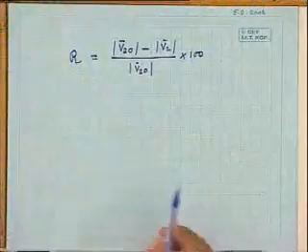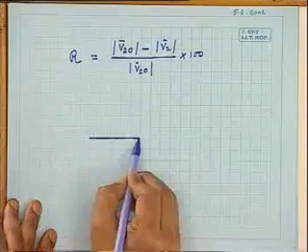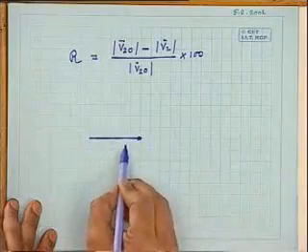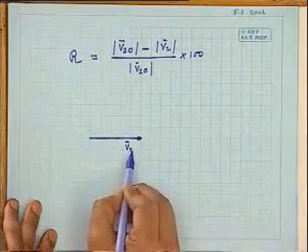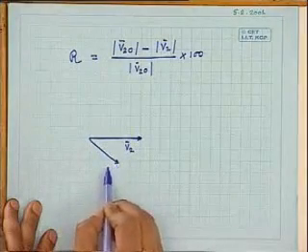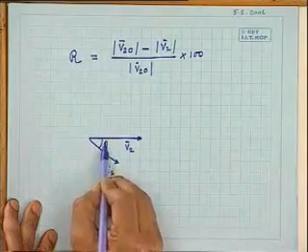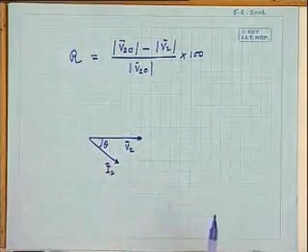Then the phasor diagram can be easily drawn as this one. Suppose this is your V2. This is your I2. And this is the load power factor angle theta.